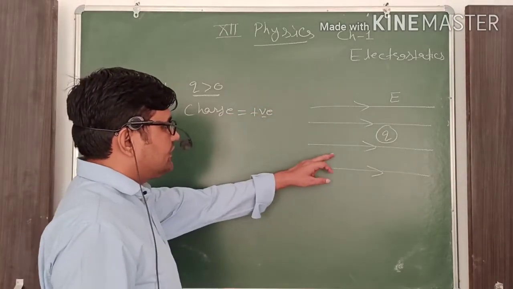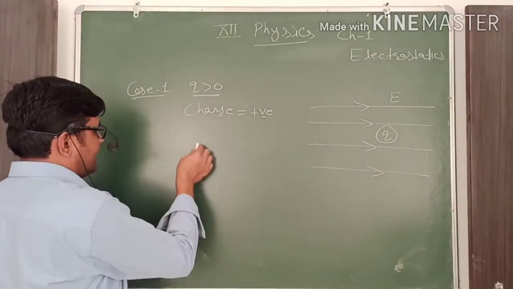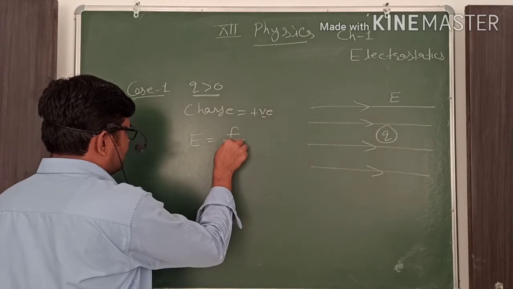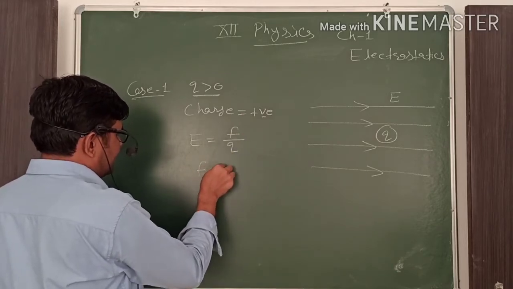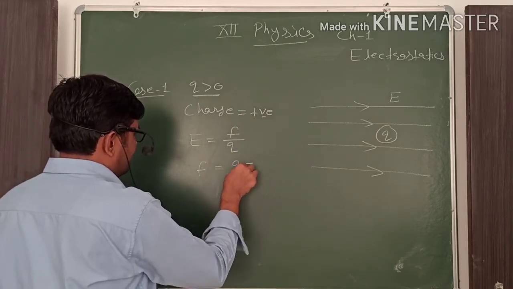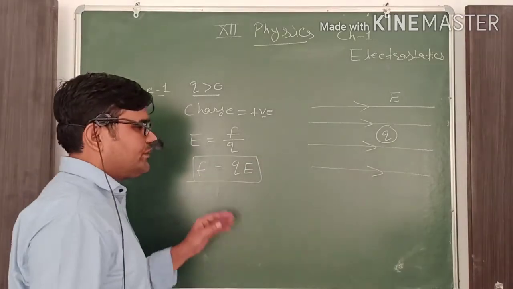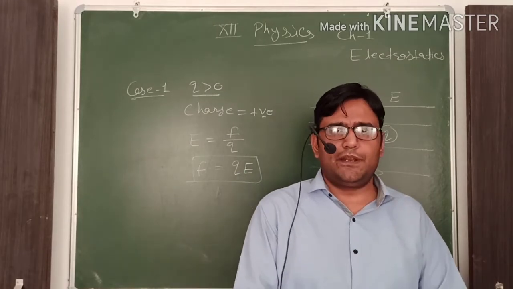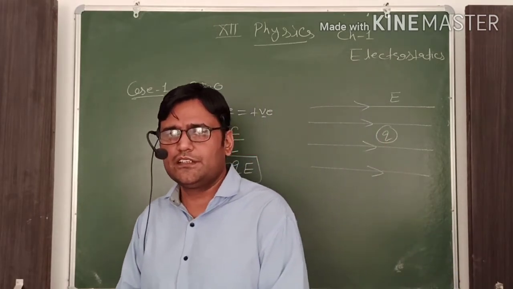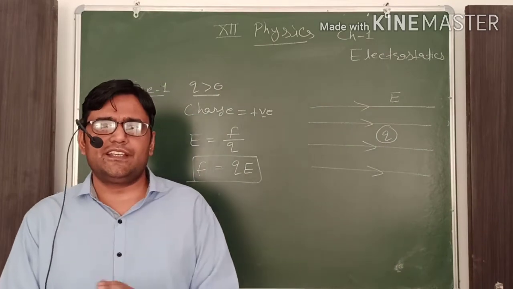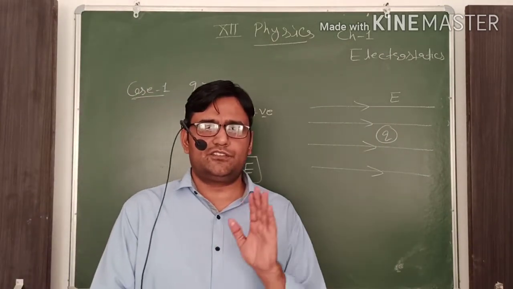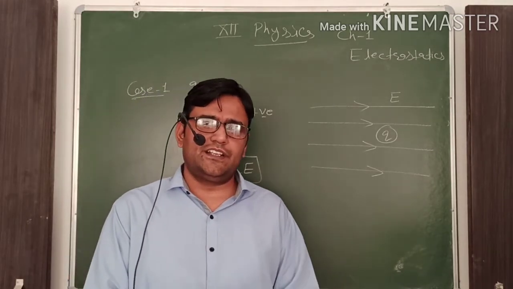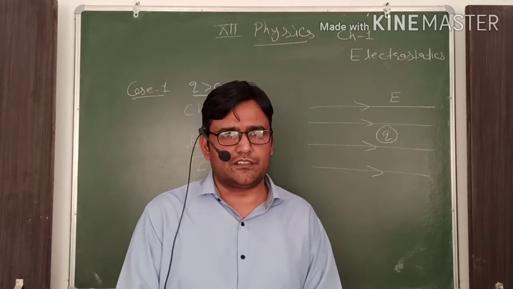In this case, the force on that charge, as per the formulation E equals F upon Q, is F equals Q into E. This is the formulation when a charge is placed in any electric field: the force felt by that charge is equal to the multiplication of the electric field intensity and that charge.